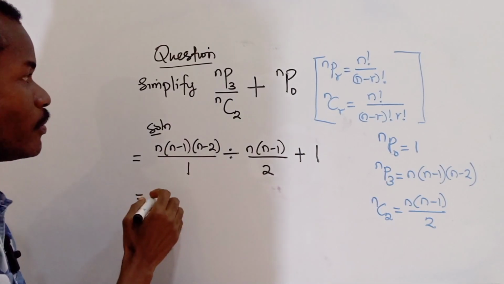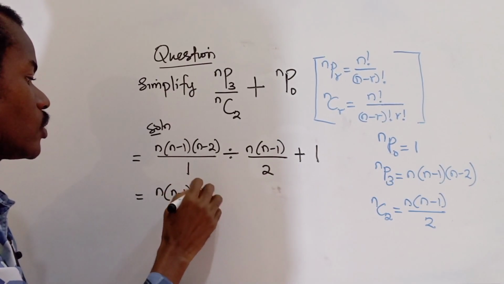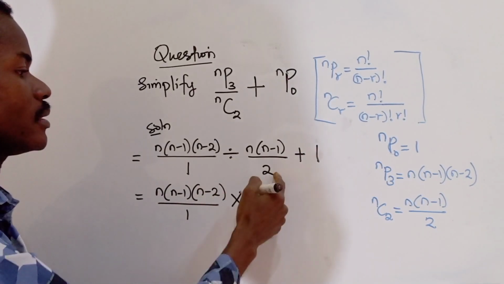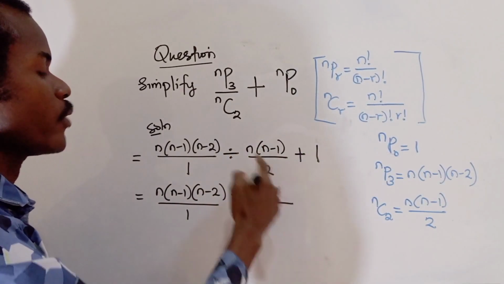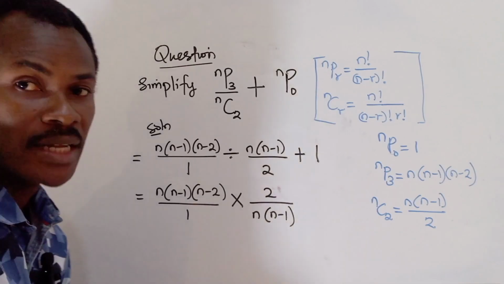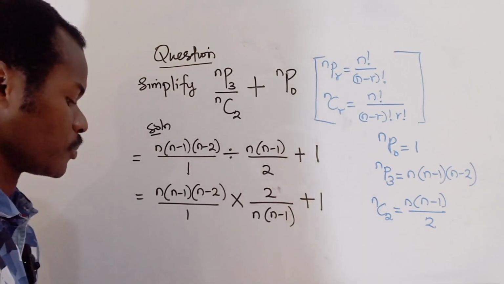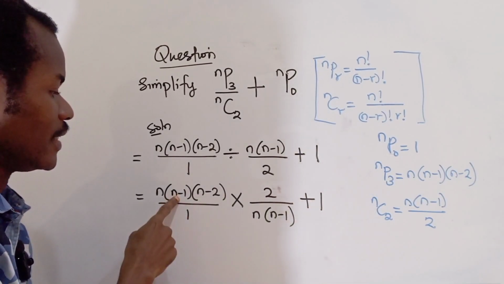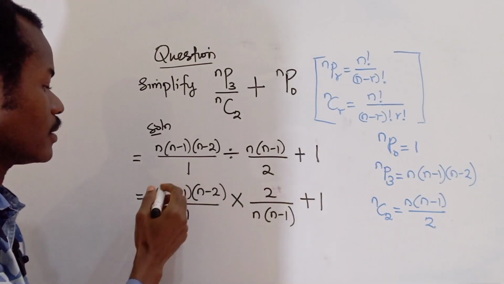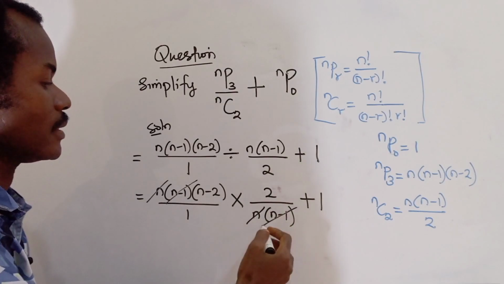So we can simplify this further by saying n into n minus 1 into n minus 2 divided by 1. Dividing by a fraction changes to times, so this will go up and this comes down as the denominator, applying the rule of division. So we have all this plus 1. Now let's observe this and this is common here, right? So this can cancel this and this can cancel this.